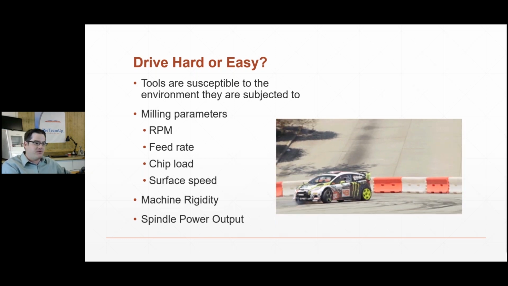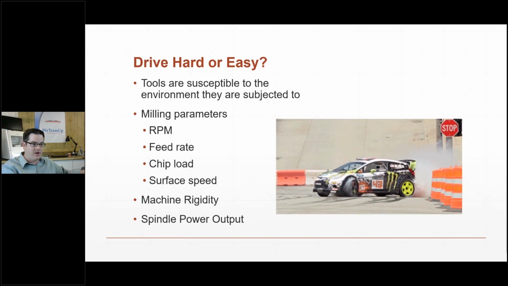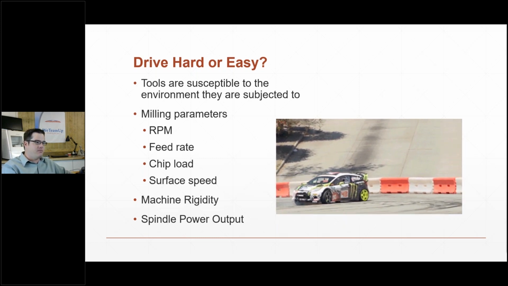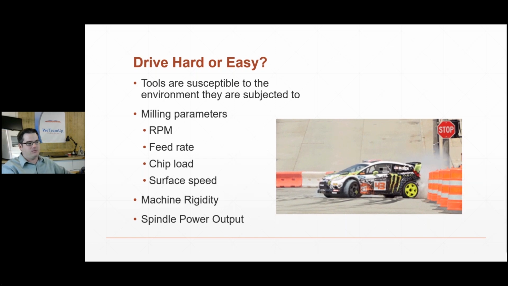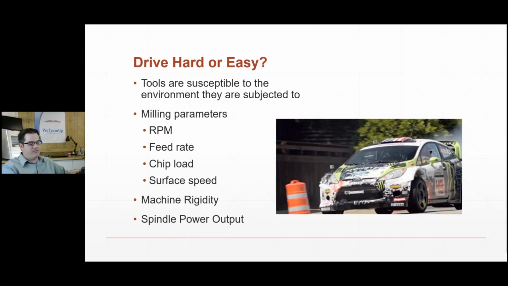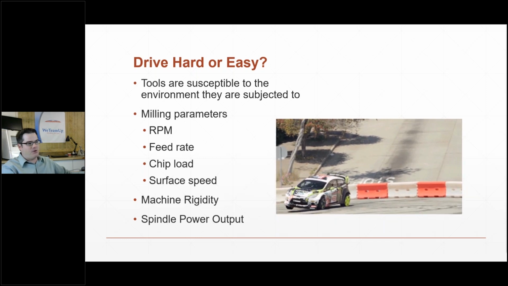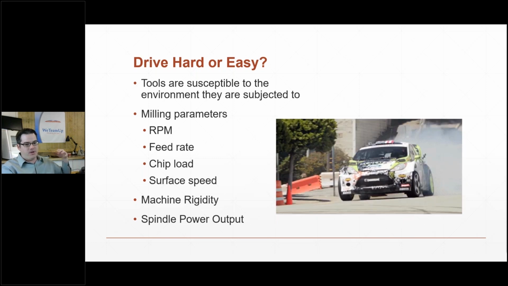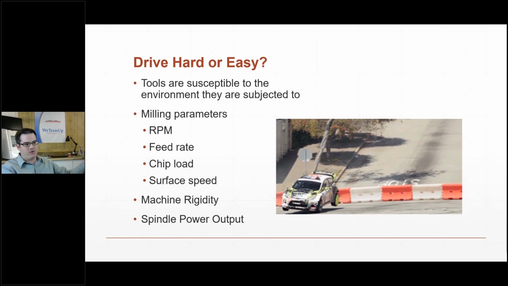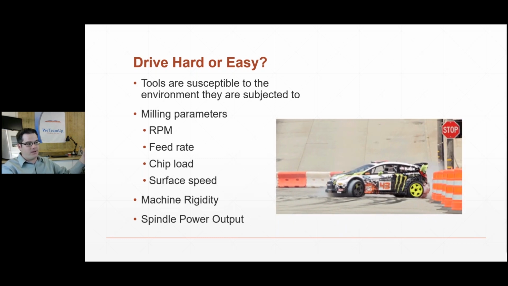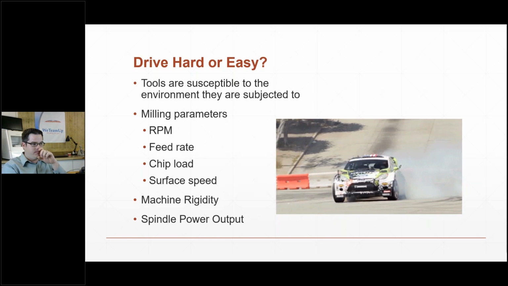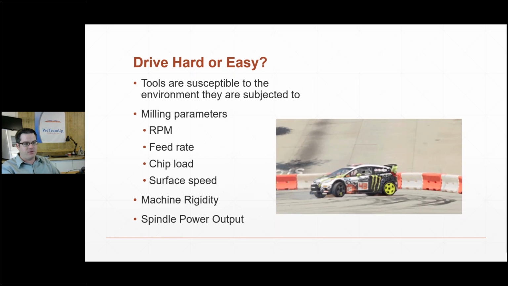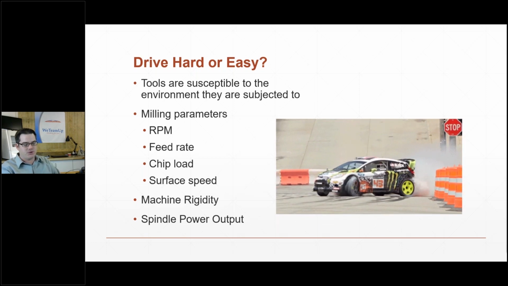So there are several different things that affect tooling and how long they last in situ. And the biggest thing is the milling parameters: RPM, feed rate, chip load, and surface speed. RPM is the rate that it's spinning at. Your feed rate is the speed that the tool is moving through the material horizontally, and those two are combined to determine a chip load, which is the thickness of the piece of material that's cut per revolution.